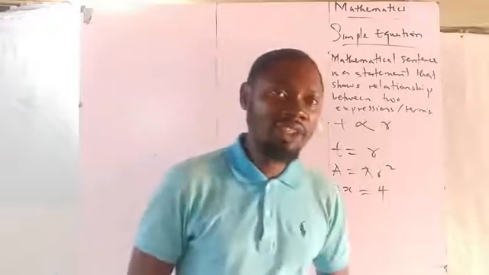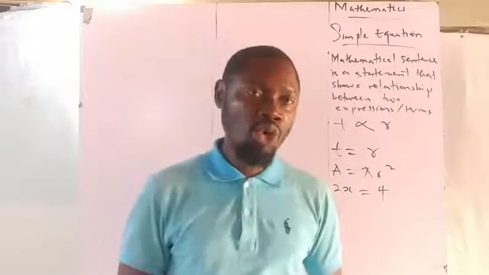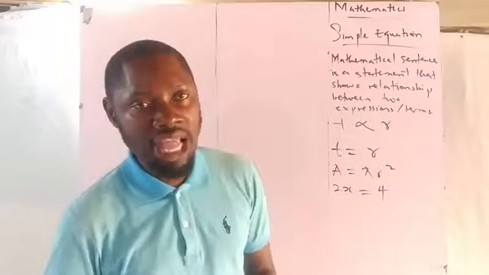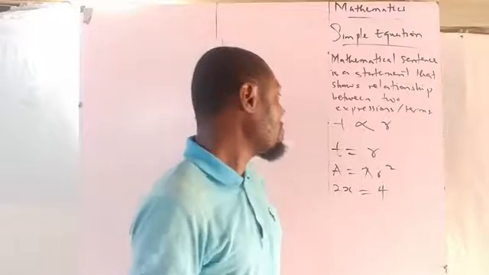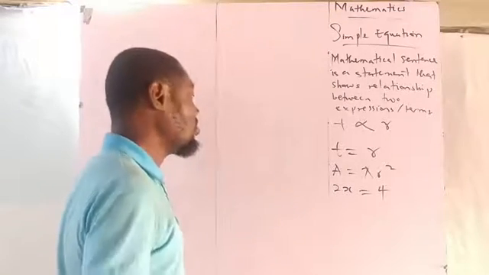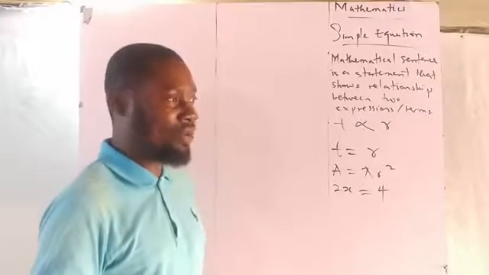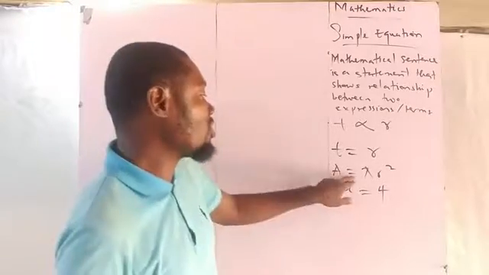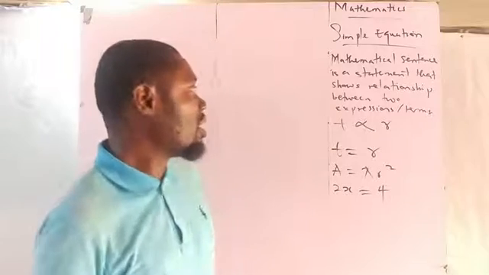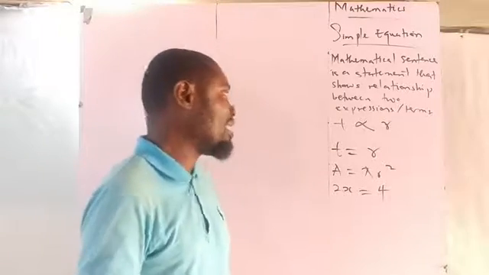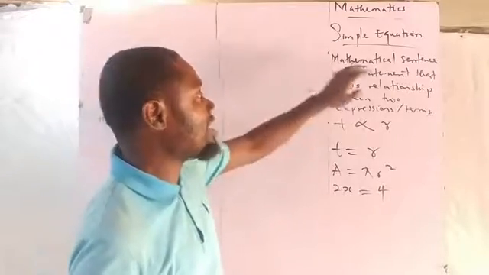An equation shows the equality between two mathematical expressions, so the equal to sign is used to represent an equation. But a sentence or statement that only shows relationship is called a mathematical sentence.